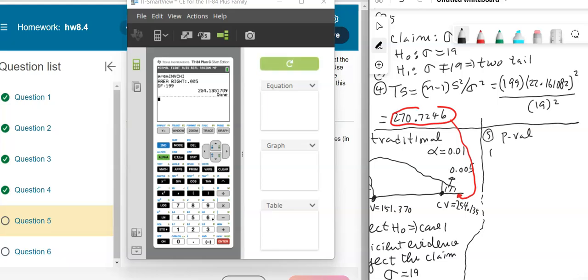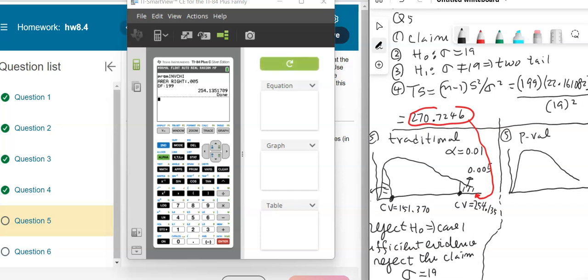Now the p-value. Our test statistic is on the other side of the critical value. Do you see that? So you go from this point, the test statistic 270.7246, all the way out there.